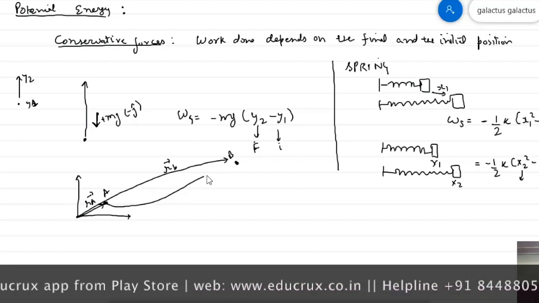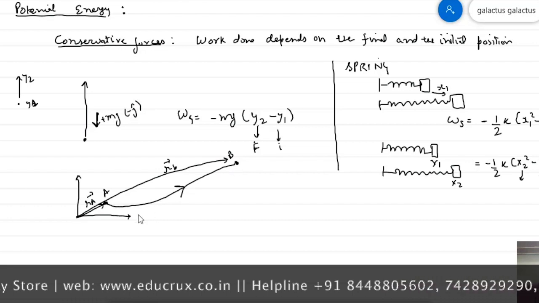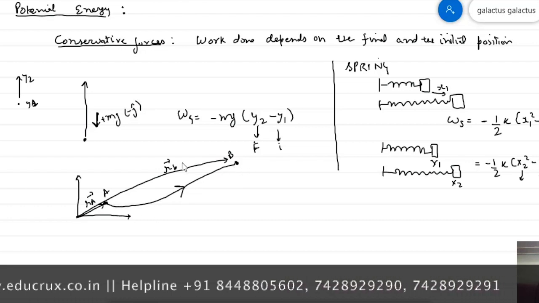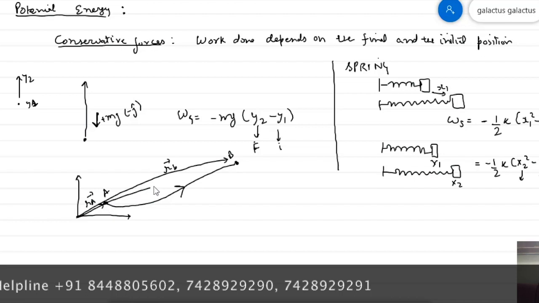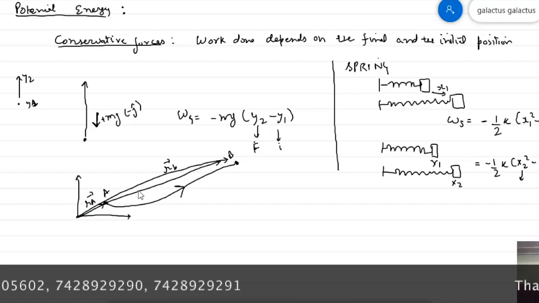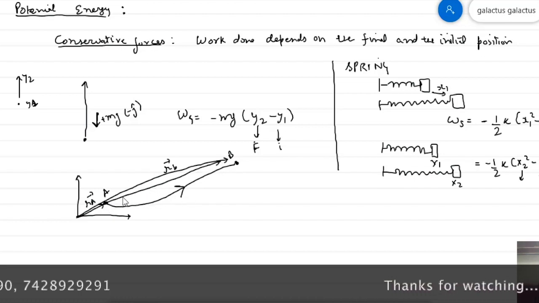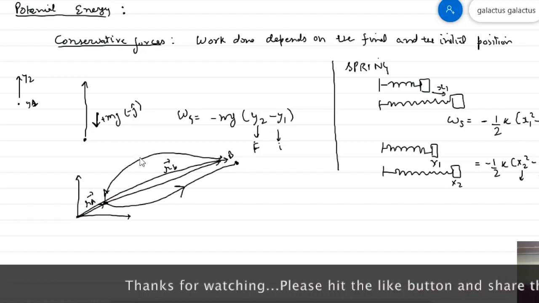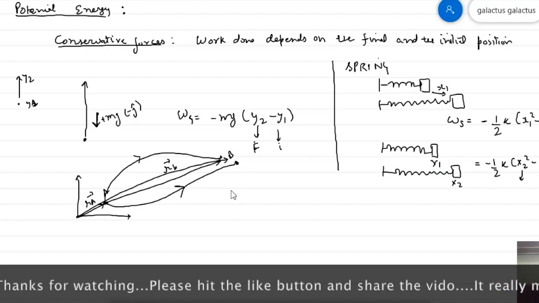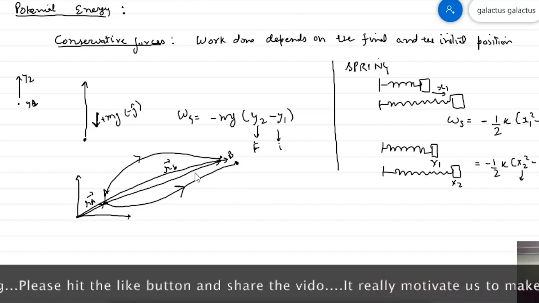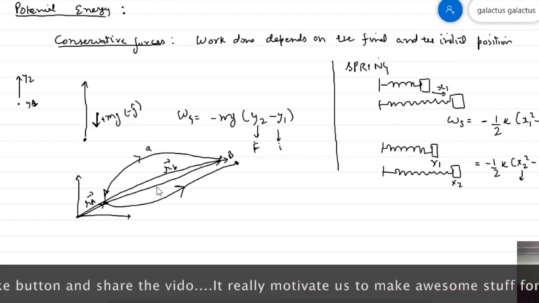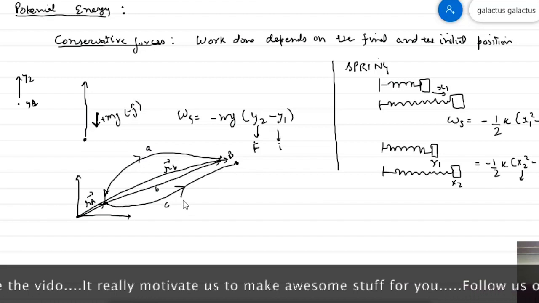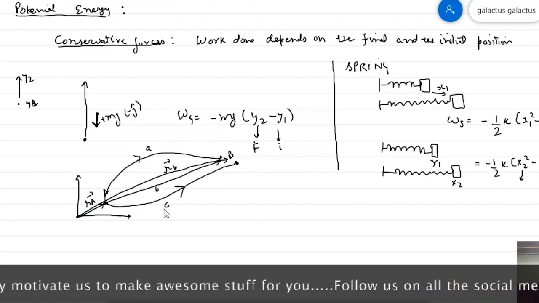Suppose I take this path, then my work done will not change. Suppose I take a straight path, then also my work done will be same. And if I take this path, then also my work done will be same. So in case of a conservative force, it doesn't matter if I take path A, path B or path C. In all these three cases, my work done will be same.